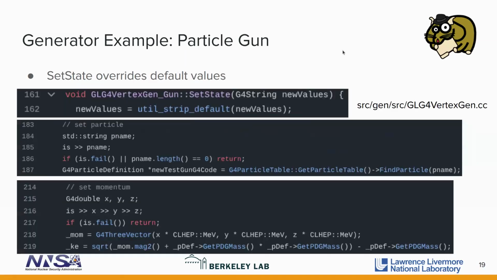Then as you go further down, there's this set state function that reads in what you put into the macro and overwrites those default values. So in the gun option, you get the X, Y, Z momentum that you input, and set those momenta in the generator.